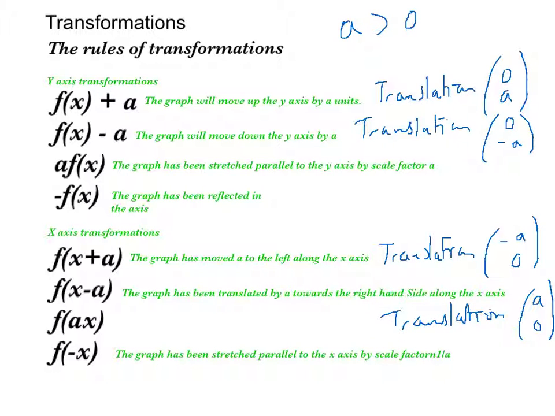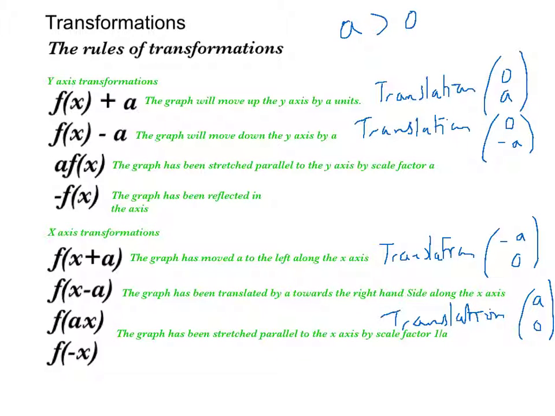Because the scale factor is not a anymore. It's 1 divided by a. This is why it's different to our one up here, okay? So the scale factor is 1 divided by a. And that is what you need to write in an exam.